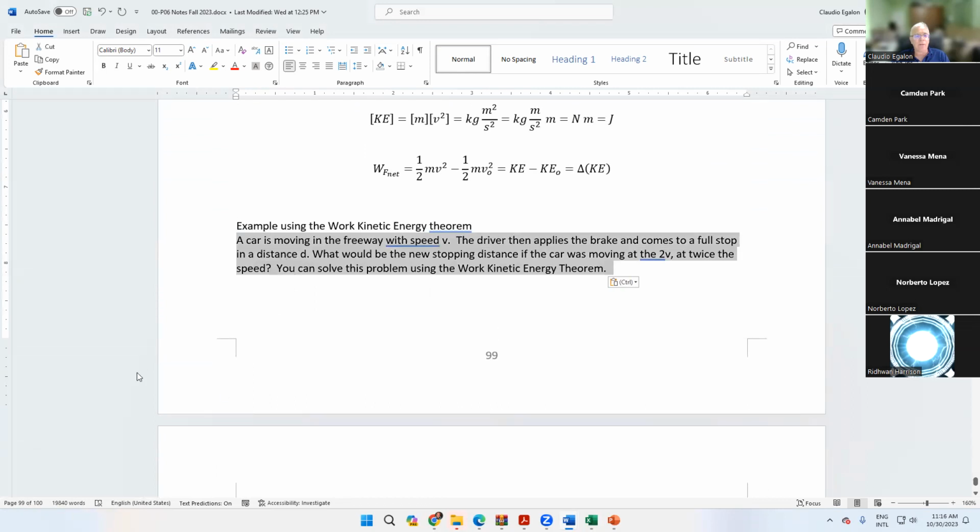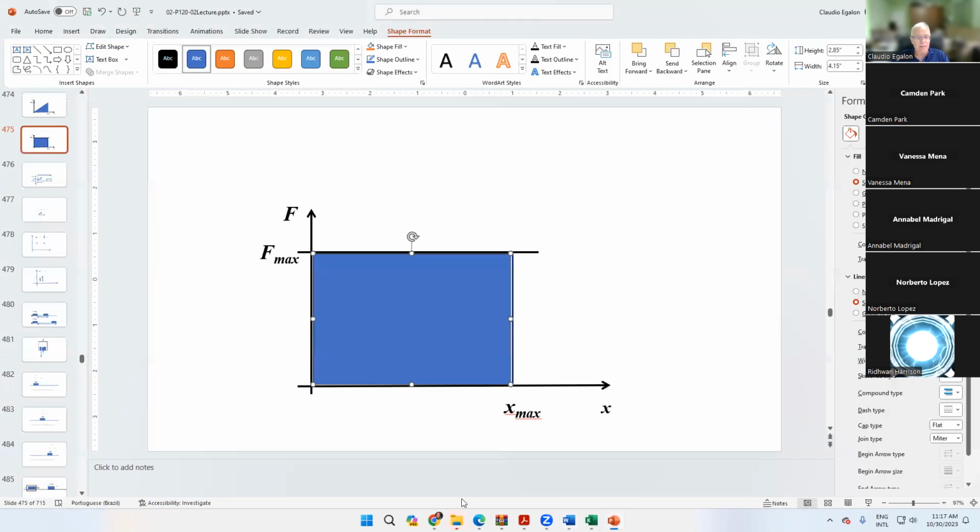A car is moving on a freeway with speed v. The driver then applies the brake and comes to a full stop in a distance d. What would be the new stopping distance if the car was moving at twice the speed? Let's see if I can have an illustration here for you.